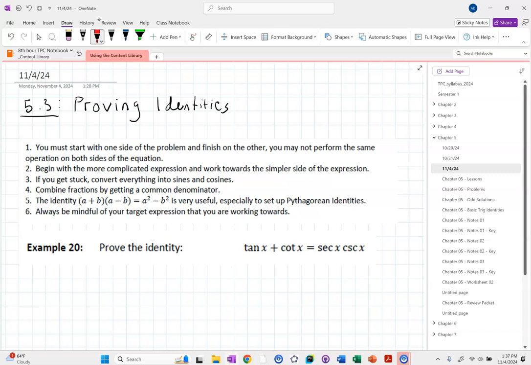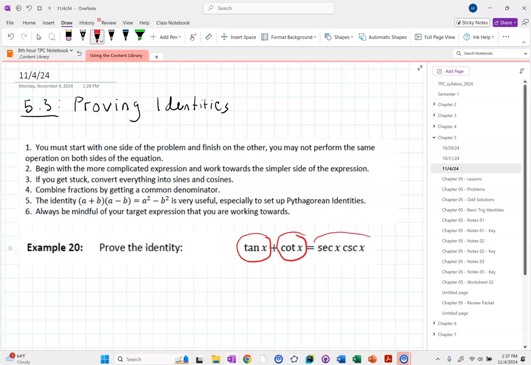So, first thing I want to do is look and decide which side of the equation I want to work. Do I want to work the left-hand side or the right-hand side? My advice in general is to choose the more complicated of the two. So, Mr. Kulik, what the heck do you mean by more complicated? Which is a fair question. When I look at the left-hand side, I see 2 things, right?